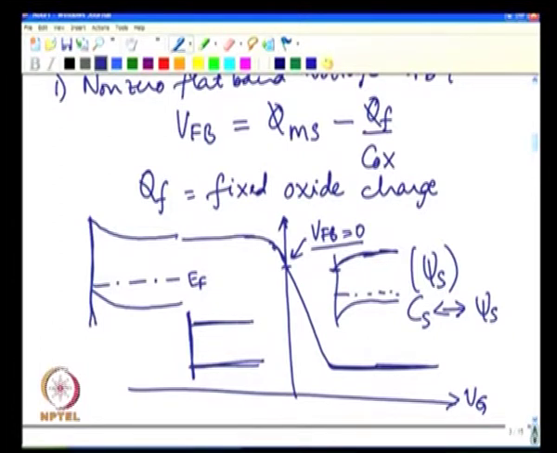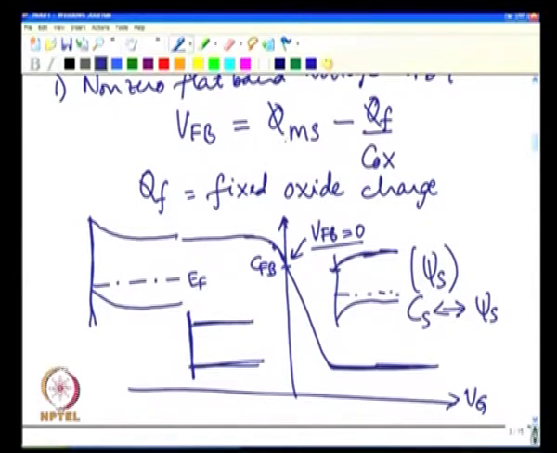So when I have a non-zero VFB, all that it would do is, in order to get the flat band condition under which I should get this capacitance, by the way this capacitance is called CFB. Once you fix your device oxide thickness and doping concentration, CFB will never change.